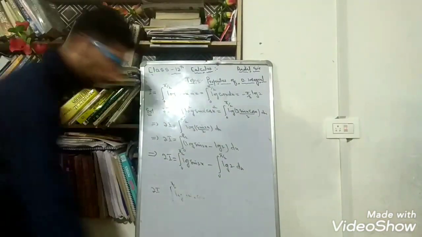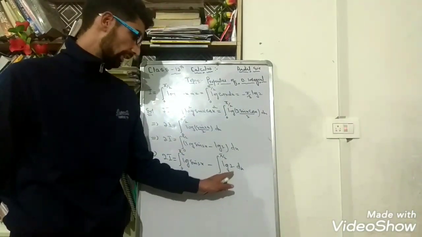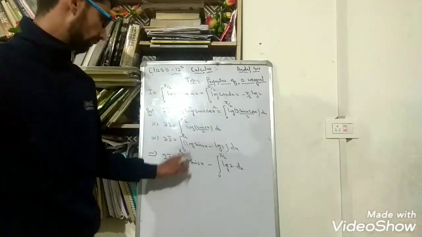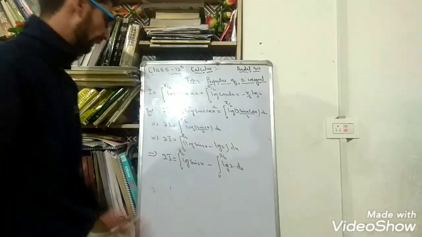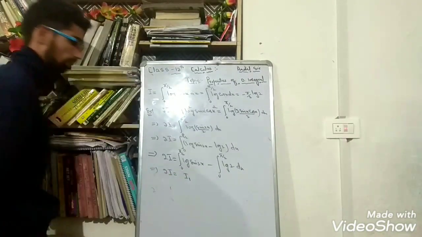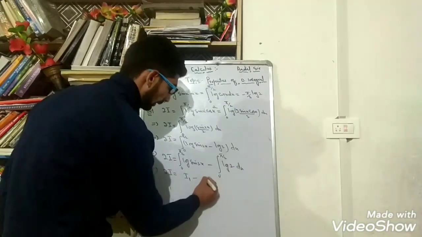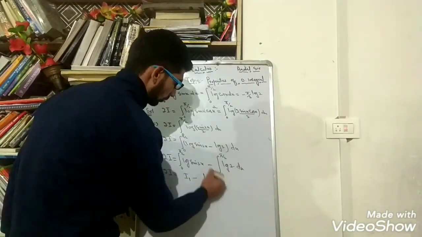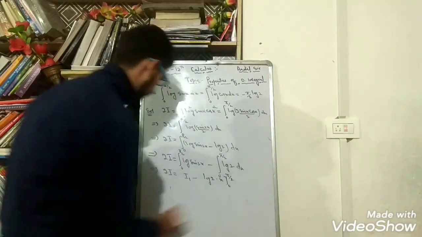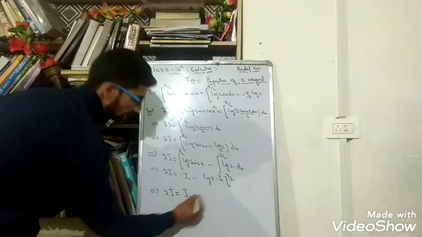Now this definite integral I can easily solve because log 2 is constant. I will factor it out, and the integral of dx will be x. But this one is a little complicated. We have to solve this. So I will take this as I1, because after solving this one I will solve the other. So 2I equals I1 minus log 2, and the integral of dx is x, over the interval from 0 to pi divided by 2. So 2I equals I1 minus this x.